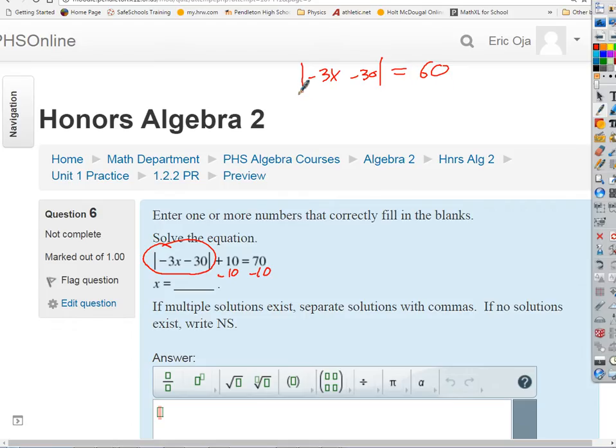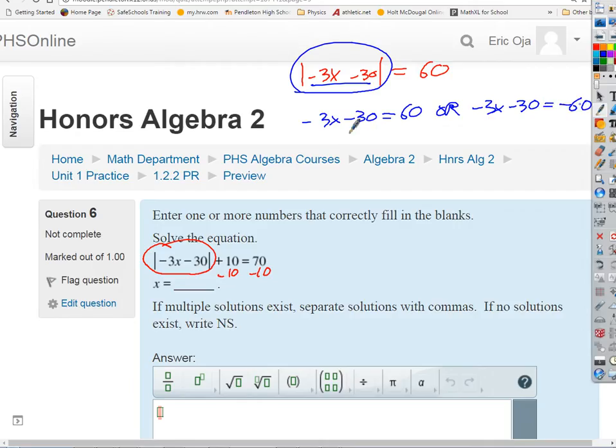So now we can make our trade. We've got an absolute value by itself, and so whatever's inside we'll set equal to 60 or negative 60.